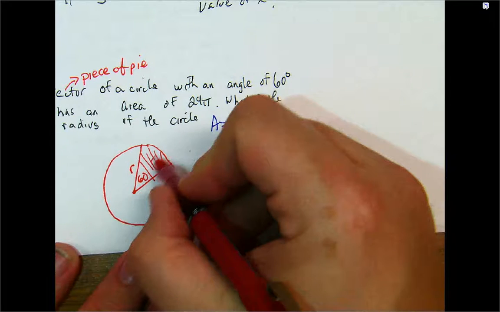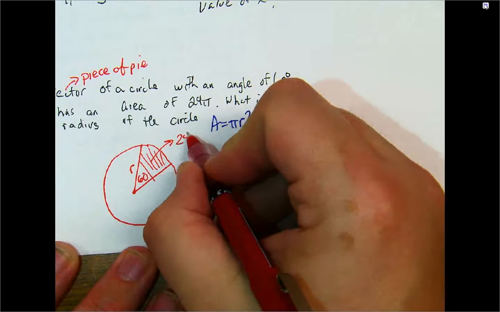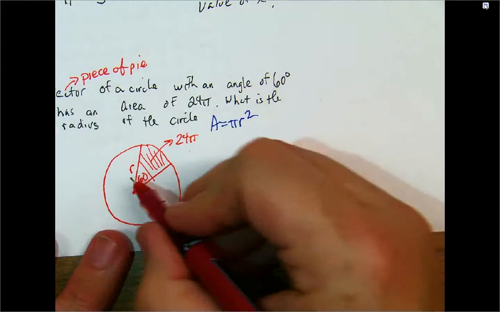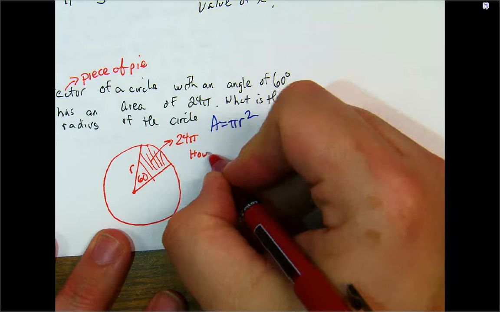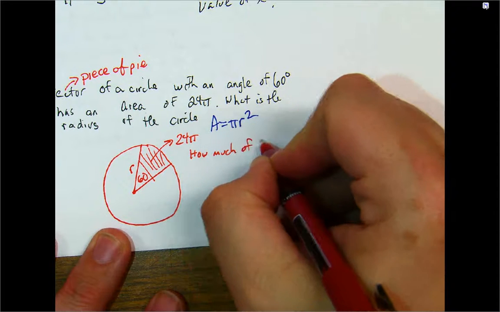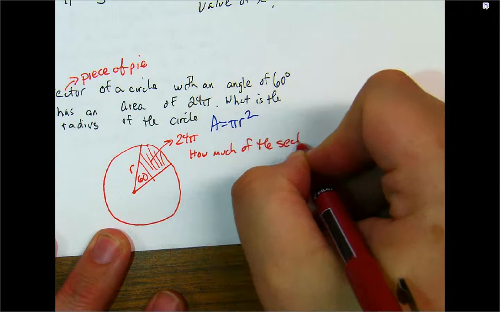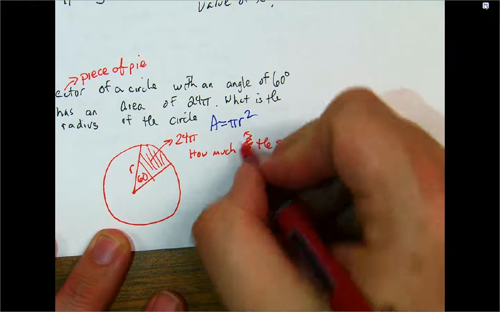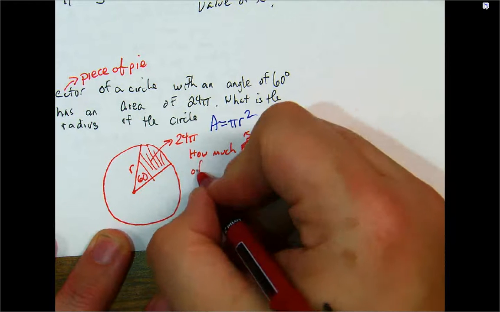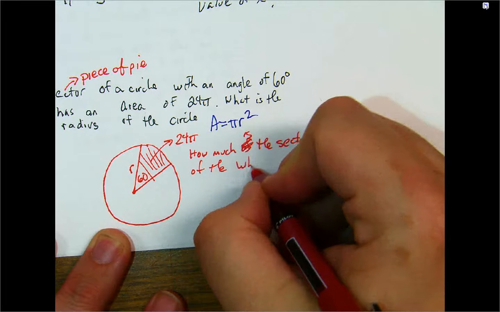Now, again, ask yourself how much of the whole circle is the sector? How big is the piece of pie?